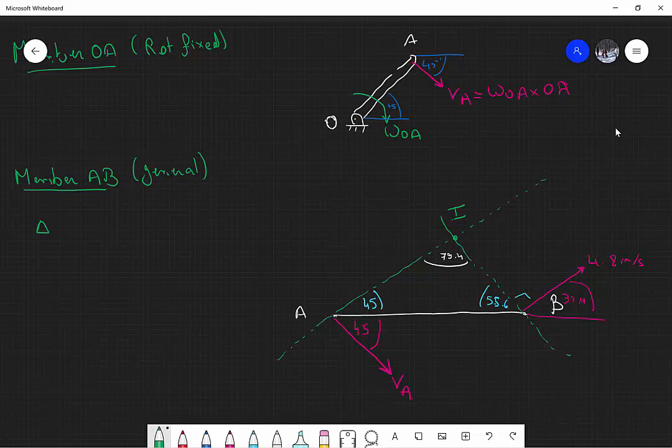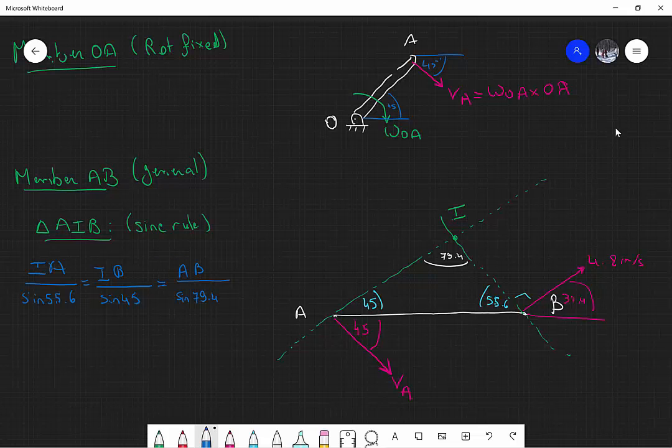So let's say, using the triangle IAB or AIB, using the sine rule, it's going to be as follows: IA over sine 55.6, equals IB over sine 45, equals AB over sine 79.4.